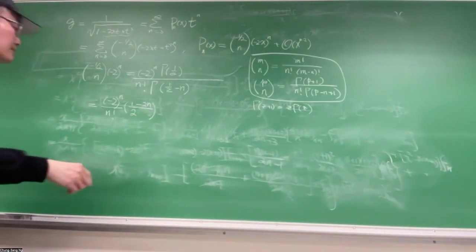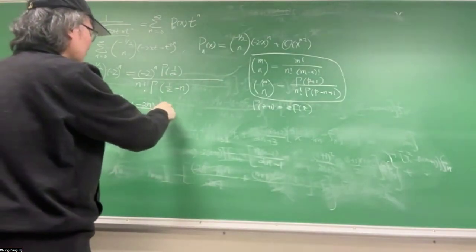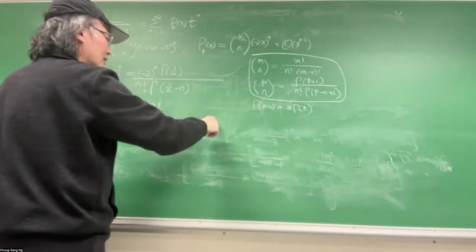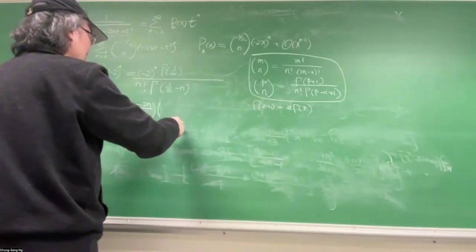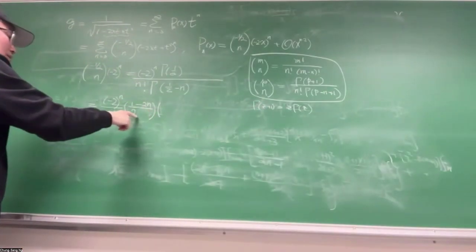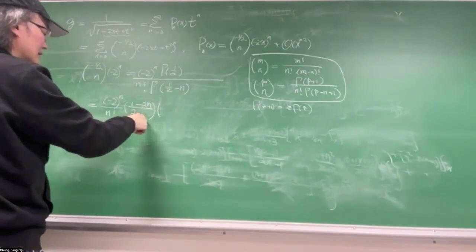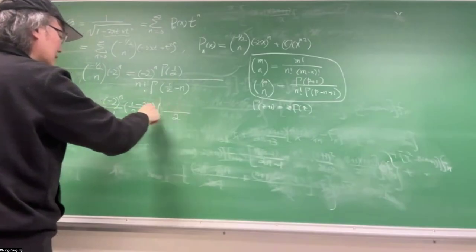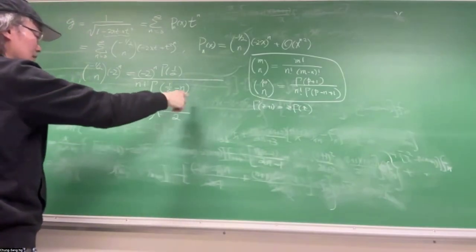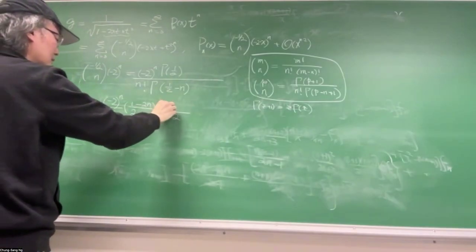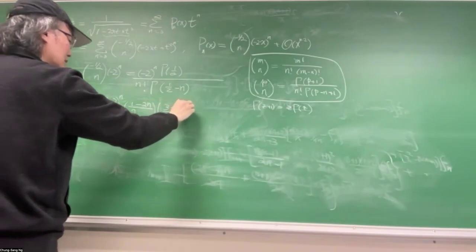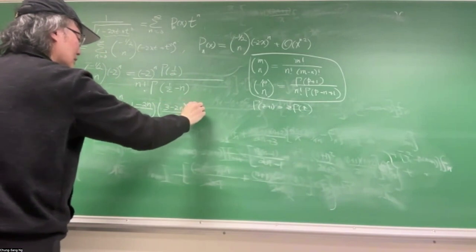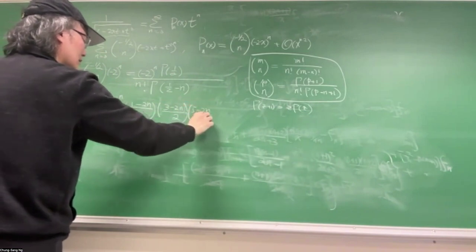And then the next one is multiplied by this plus 1, so it's another 2, and this plus 1 with the common denominator becomes 3 minus 2n, right? And then 5 minus 2n.